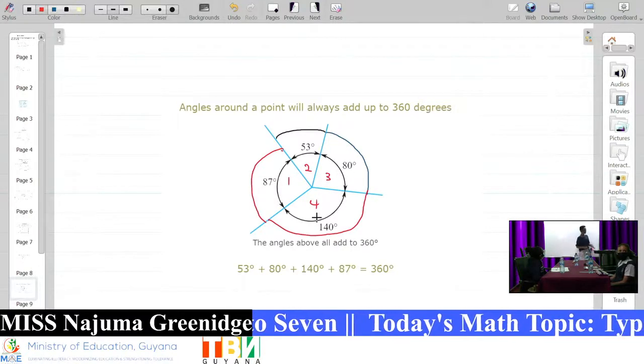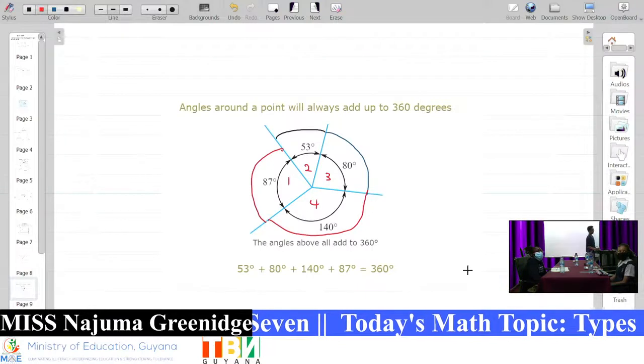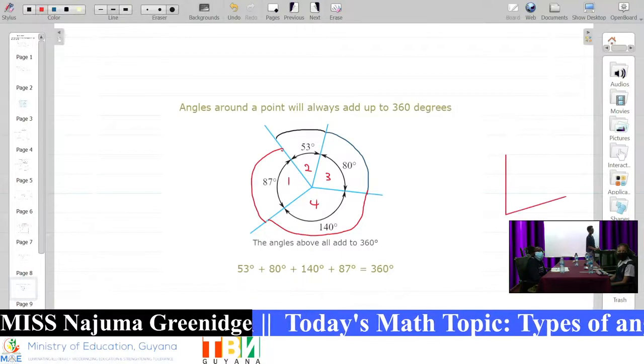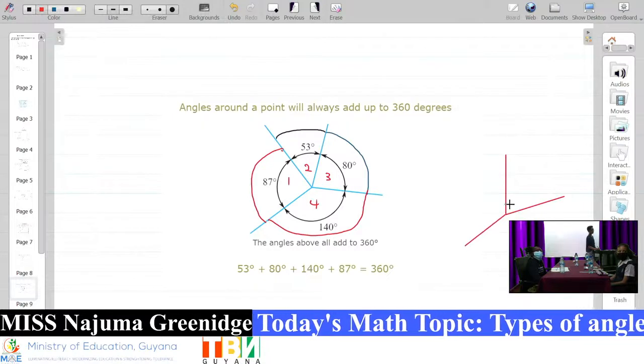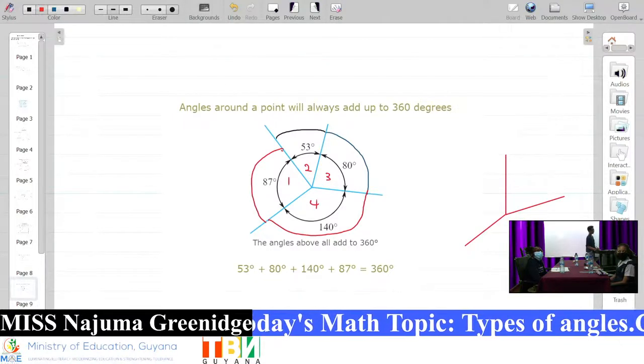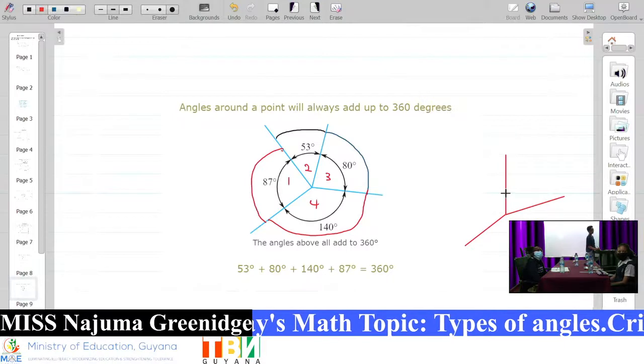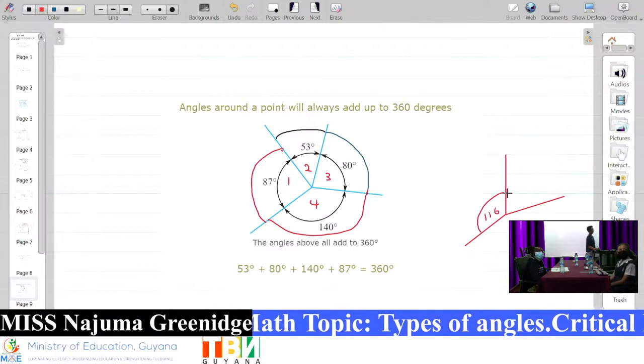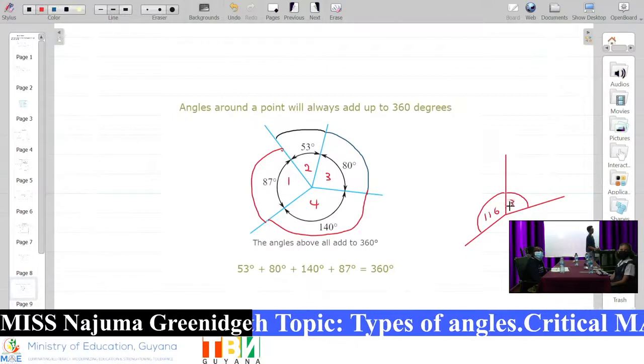So sometimes you can even have the angles divided into 3 parts, like that. And so you have an angle here, 116, over here, probably 35.